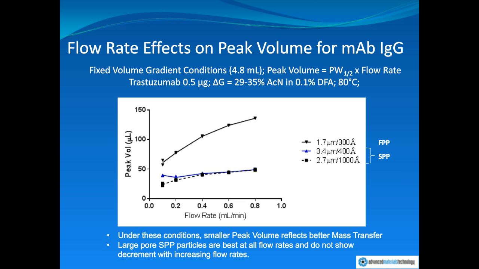So that would make sense in terms of it being a mass transfer limitation with even small fully porous particles. At any given flow rate, a superficially porous particle works better, and where it works best is, in this case for an intact IgG, the 1,000 angstrom pore size material.